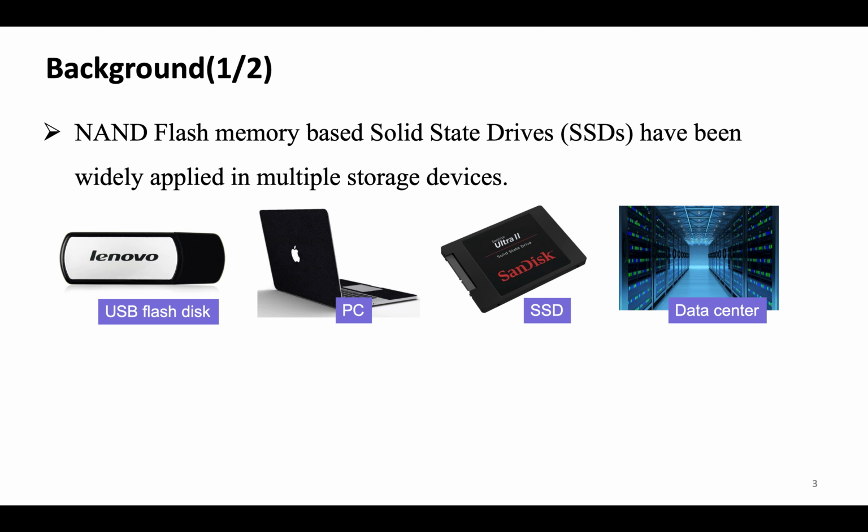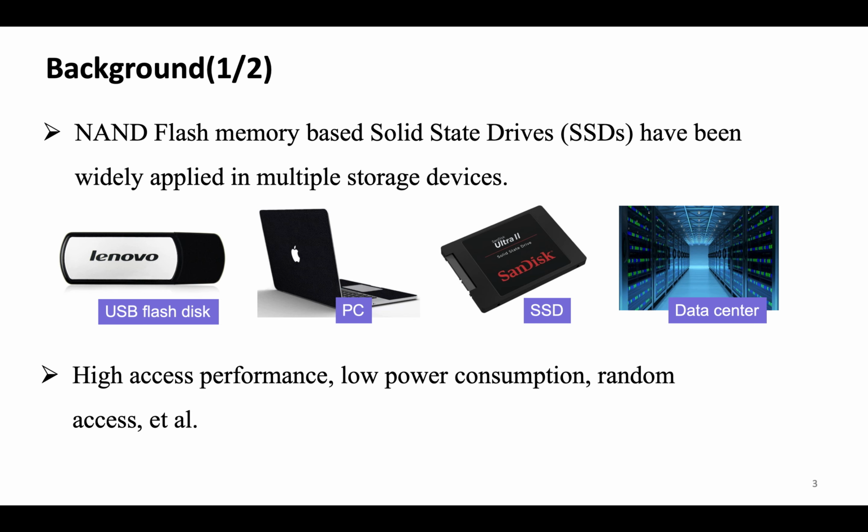As we know, NAND flash-based SSDs have been widely applied in multiple storage devices, such as USB, PC, data center, and even high-performance platforms. This is because SSDs have the features of high access performance, low power consumption, and random access.